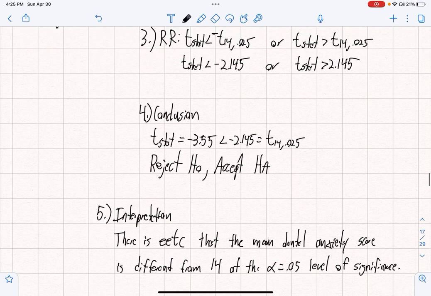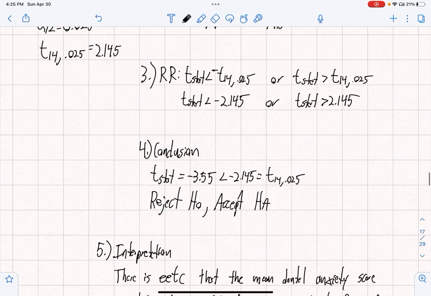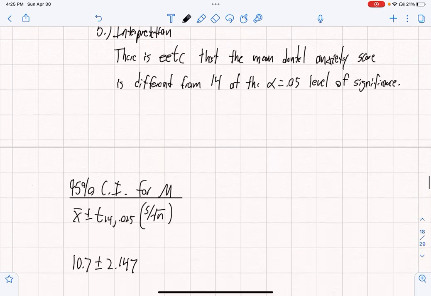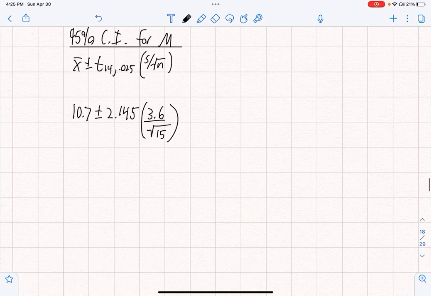That was our value. Yep, I have 2.145, so times 3.6 over square root of 15.